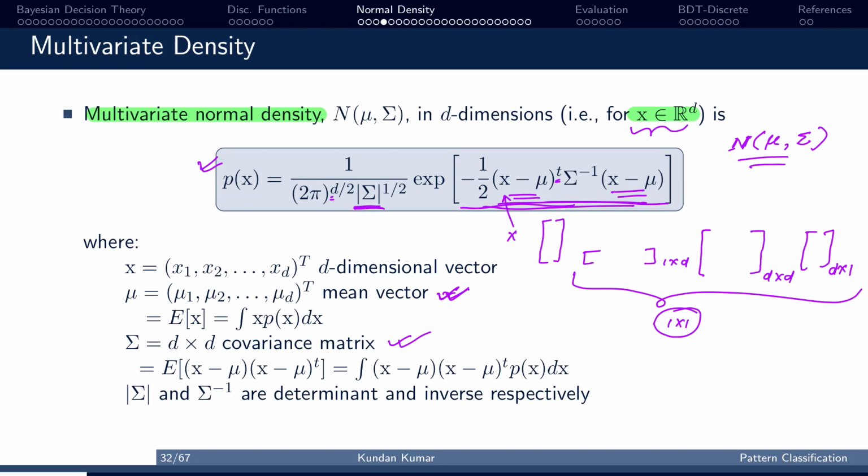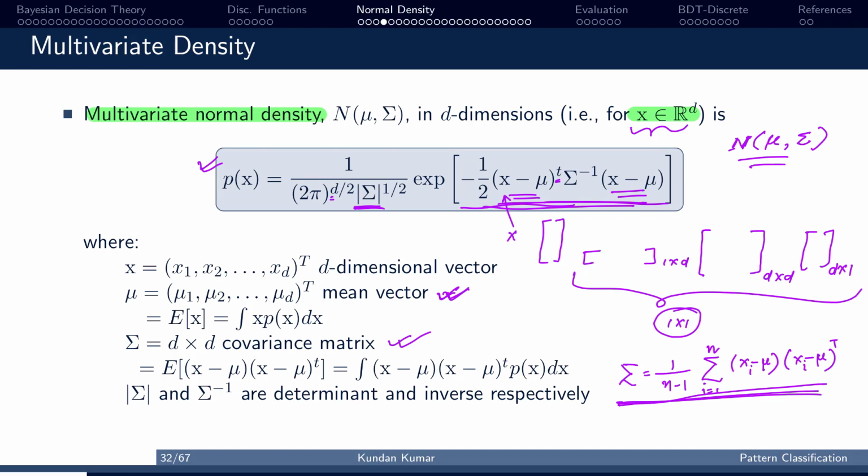We can define the covariance matrix as 1 by n minus 1, summation of (x minus mu) into (x minus mu) transpose, where we take the index i from 1 to n. So this is our covariance matrix.